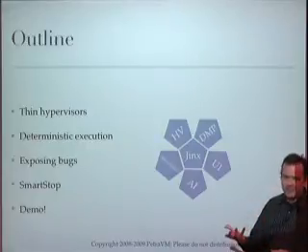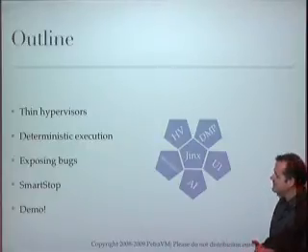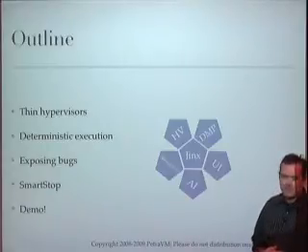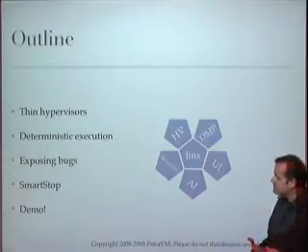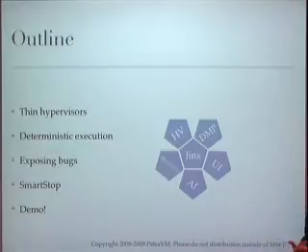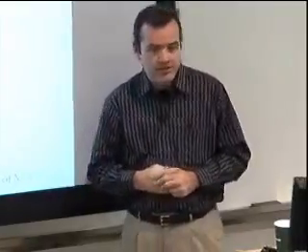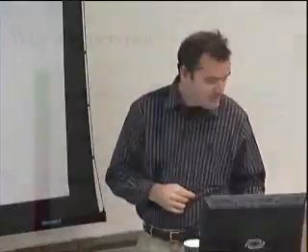So there's deterministic execution, which is another technology. There's a lot of AI heuristics and control mechanisms that we use to try and find bugs and expose them. And then there's the way in which we present bugs to you, which we hope is more useful than what we have now. That's something we call SmartStop. And then I'll finish off with a demo, which hopefully will work.